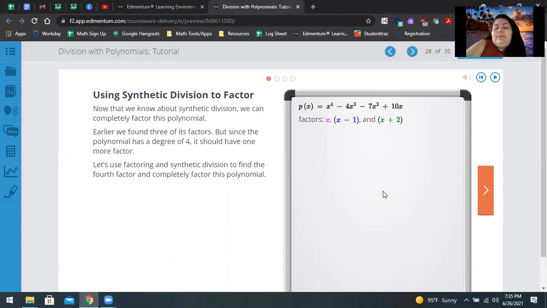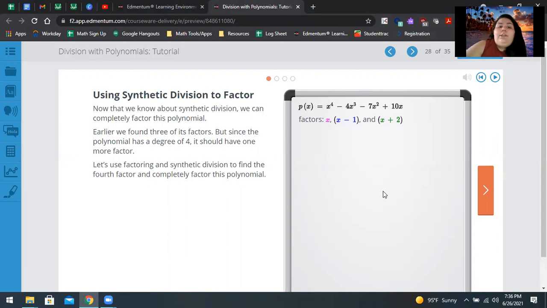But sometimes we can't really see with 4 terms, right? When we have 4 terms, like in this example here on slide 28, maybe it's not crystal clear for us how to factor this.